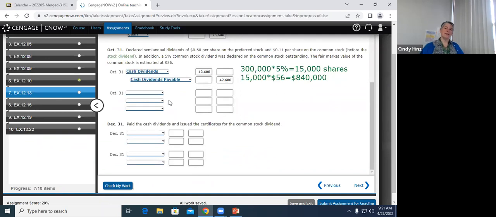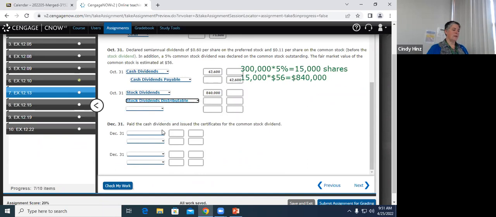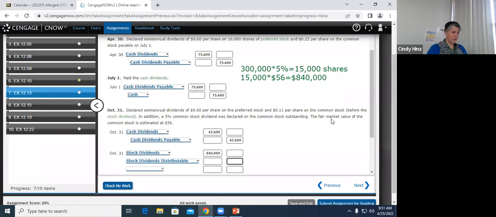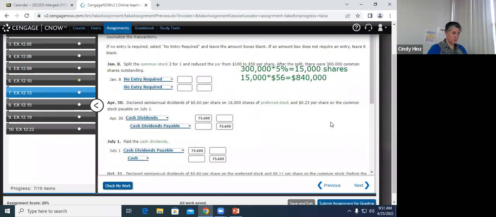But the other part of this is the stock dividend. So again, we have to report the value of that, which we just calculated to be $840,000. And we need to set up the common stock dividends distributable, $15,000. What was the par value? Okay, right up here. Had to go back up to find that.